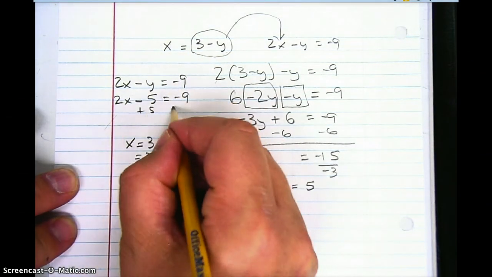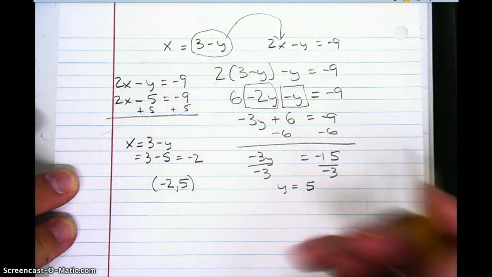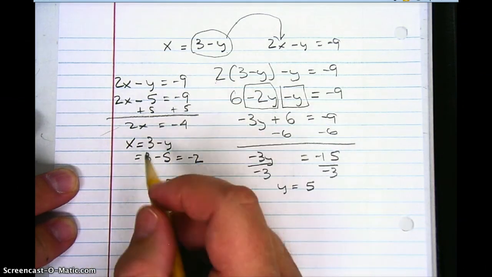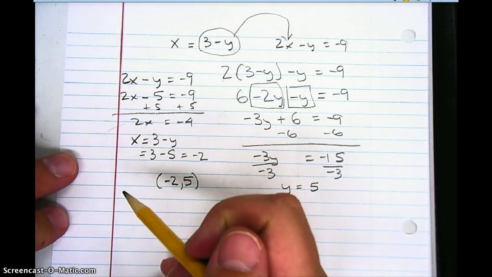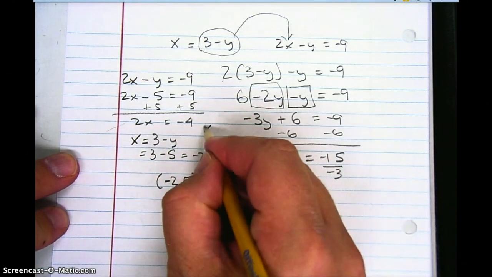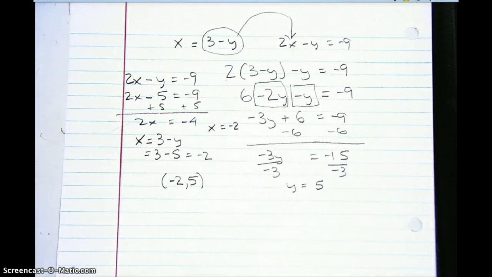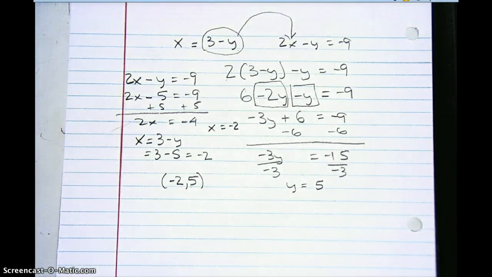I'll add 5 to both sides. I have 2x is equal to negative 4. And if I divide both sides by 2, I get x is equal to negative 2 there too. So either way I do it, I get the point (negative 2, 5) as the point of intersection. And that's how you solve a system of equations using substitution.